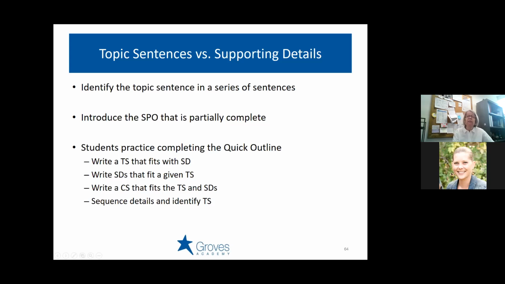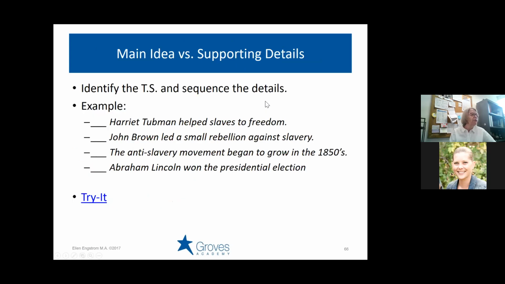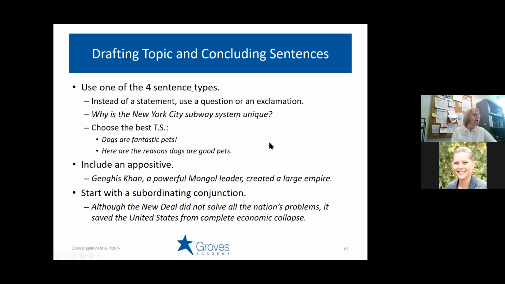Now, teaching topic sentences can be a long process. So I often like to start with giving a topic sentence, and then having students develop the supporting details.